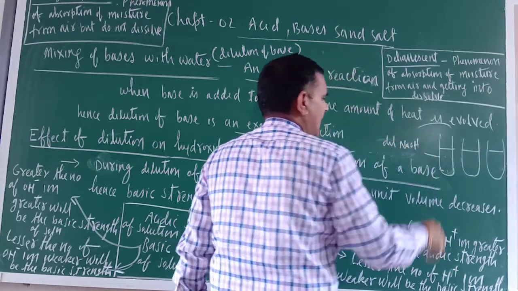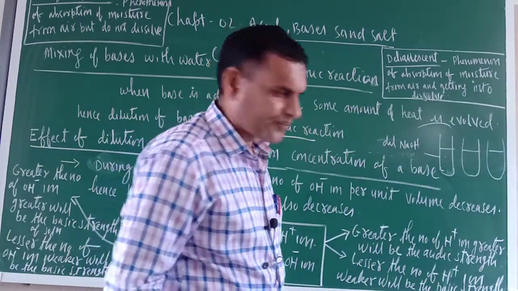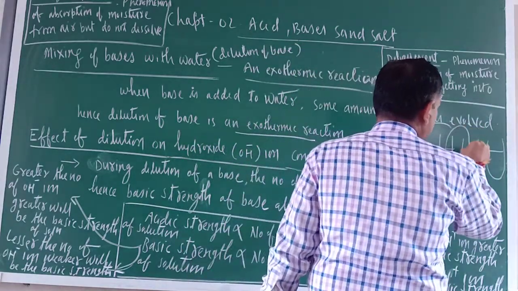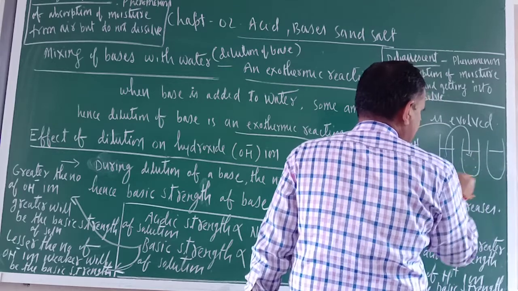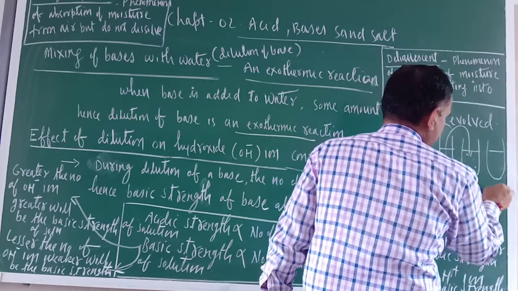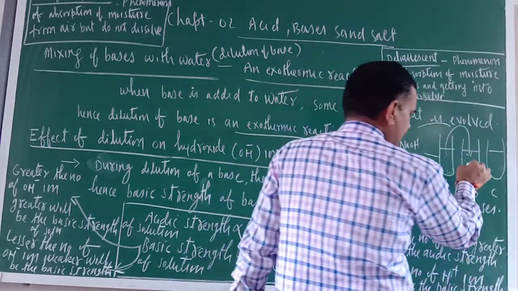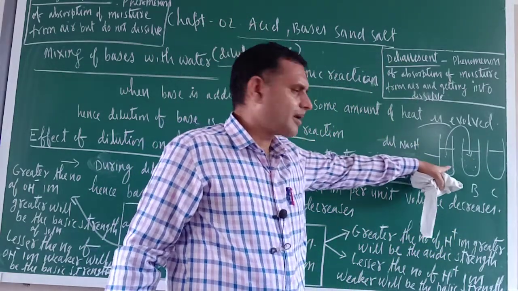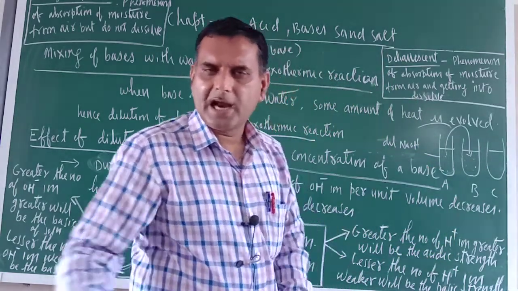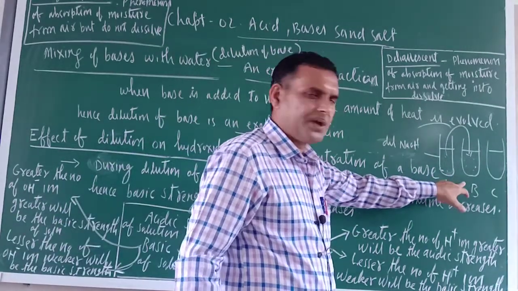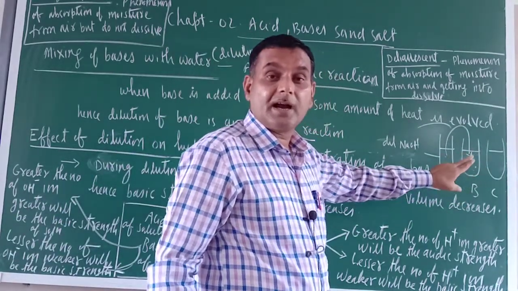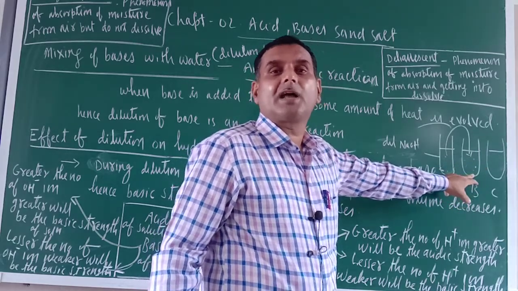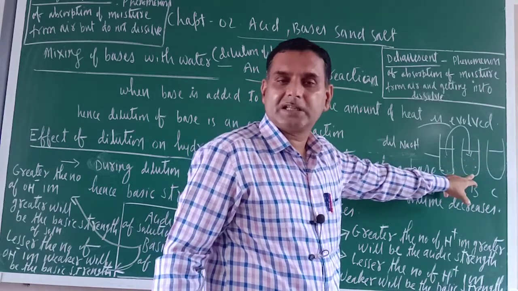Now you remove 5 milliliter of NaOH from test tube A and add it to the second test tube, B, and further you add 10 milliliter of water. Means further you have diluted the solution.